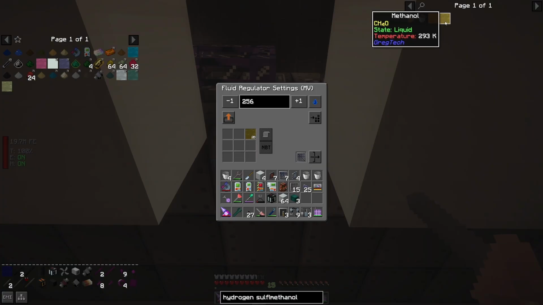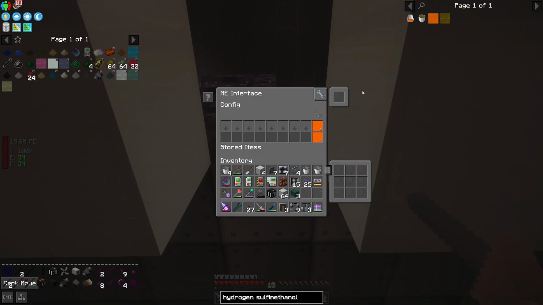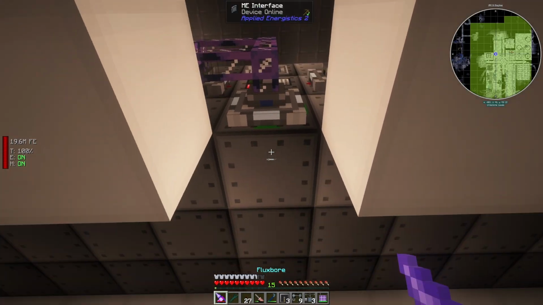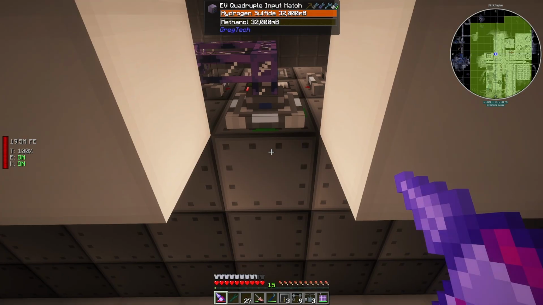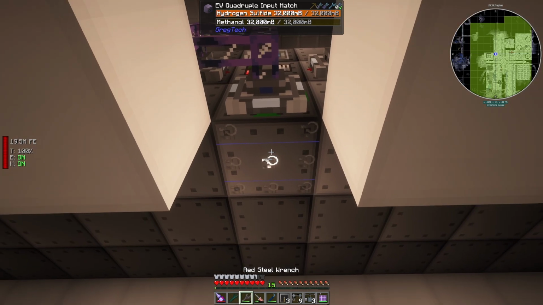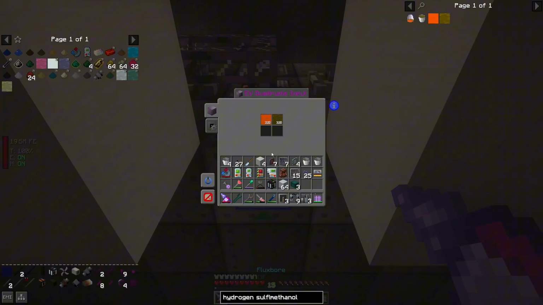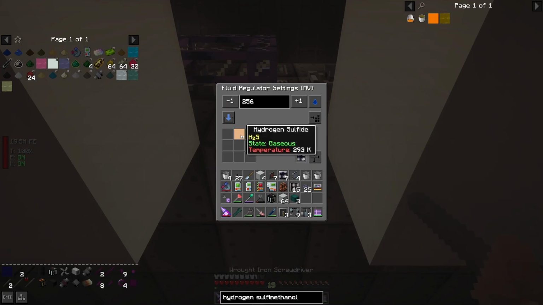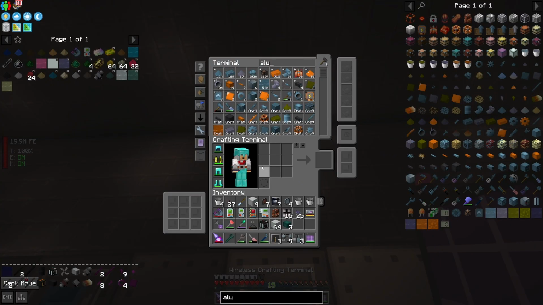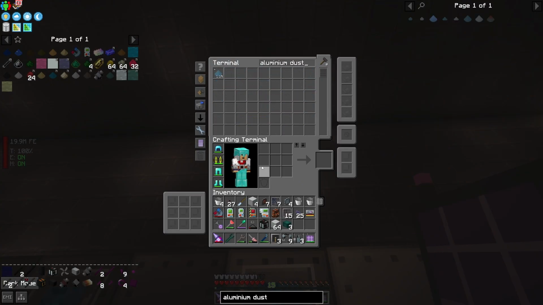We're going to try and get this done. Methanol, hydrogen sulfide, import. Just in case we're going to do two. That's not what I needed. Shoot. Think. Okay. Now you should stop taking everything, but import, keep exact. Yeah, okay, so that should be happy for the time being. Now, aluminium dust.